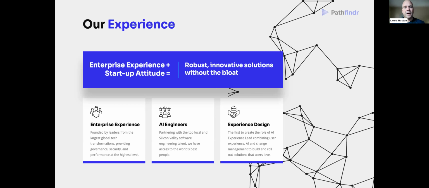You can move really fast. So we've partnered with AI solution engineers within San Francisco. We've hired experienced designers, and we come from running some of the largest programs in Australia and abroad as well.